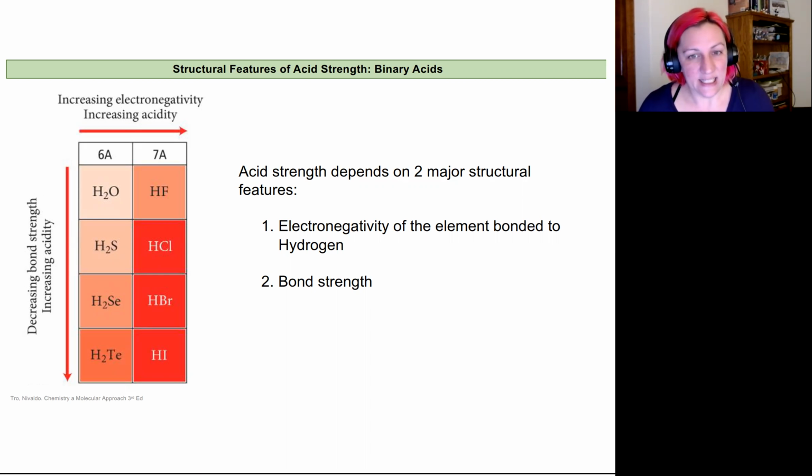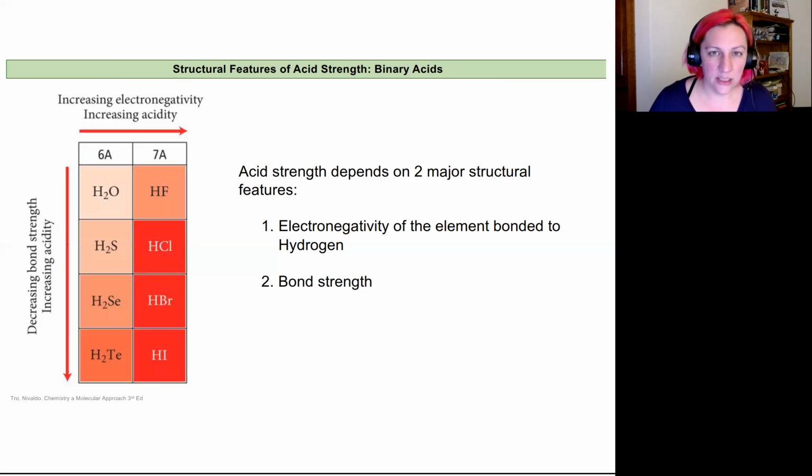In these, there are two structural features that really play a role in the strength of the acid. It's the electronegativity of the element that the hydrogen's bonded to, and it's also the bond strength of that hydrogen-other element bond. So it's not really just electronegativity. That's an oversimplification, though it is definitely an element of it.